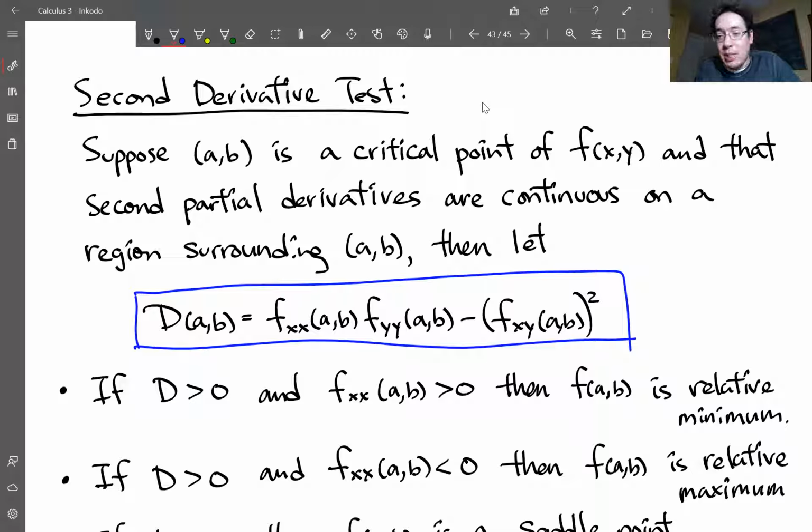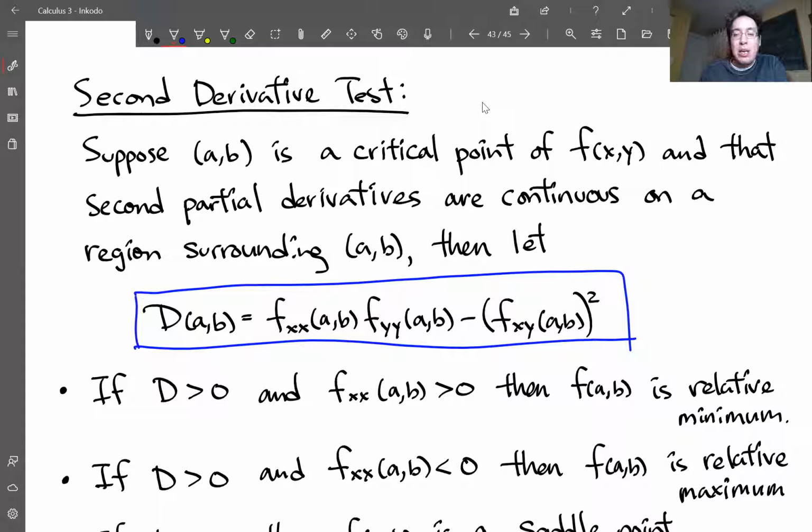This quantity is computed from a combination of different second partial derivatives. Here it's fxx times fyy minus the mixed partial fxy squared. So you compute this number, and depending on its sign, it tells you whether you have a maximum, minimum, or neither.